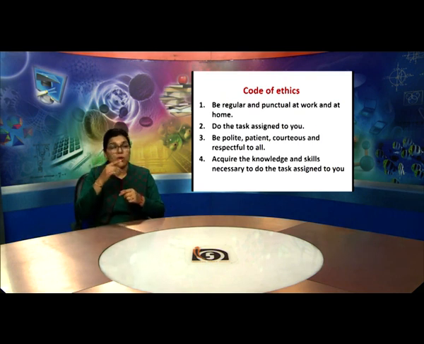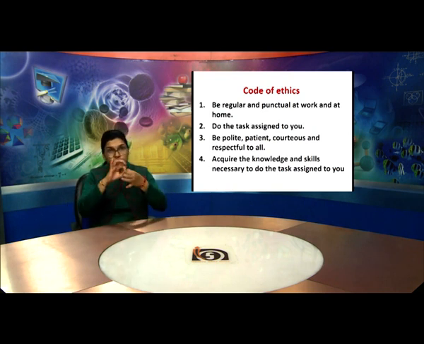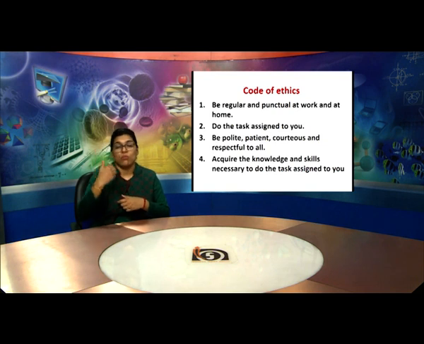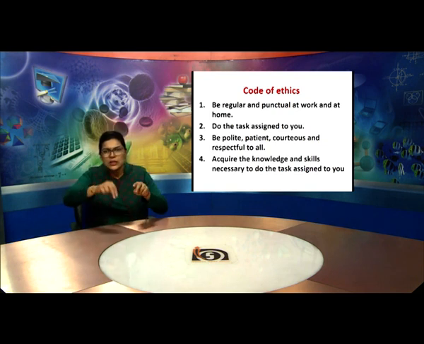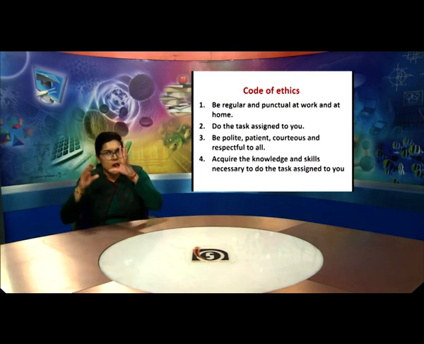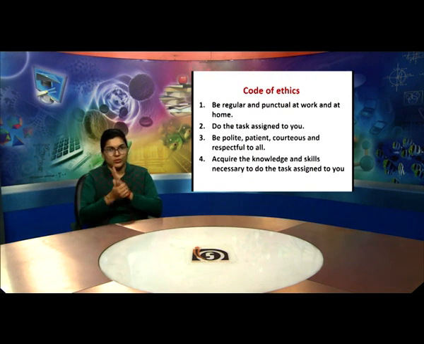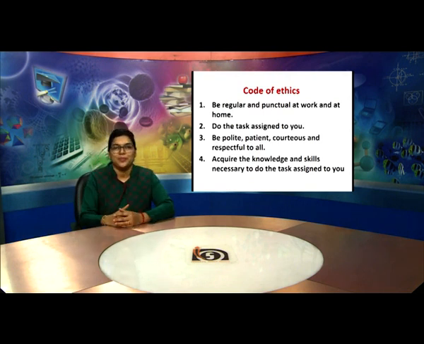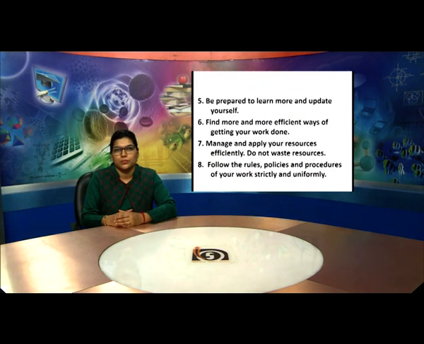By following all these rules, we can learn good ethics. The fourth point explains that we should acquire the knowledge and skills which are necessary to do the work assigned to you. These are all important codes of ethics.